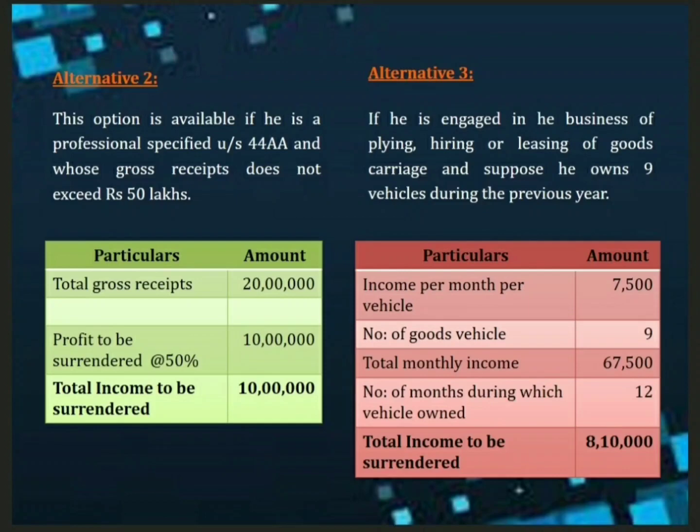So the income per month per vehicle will be 7500. In the question, it is given that there are 9 vehicles. So the total monthly income of all the vehicles will be 7500 into 9, that is equal to 67,500. And the annual income will be 67,500 into 12, which is 8,10,000 rupees.